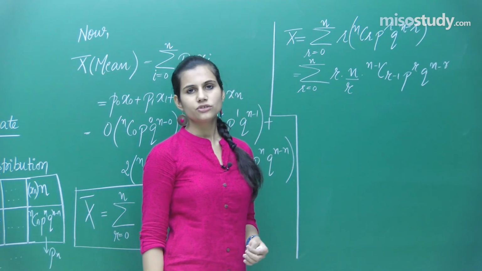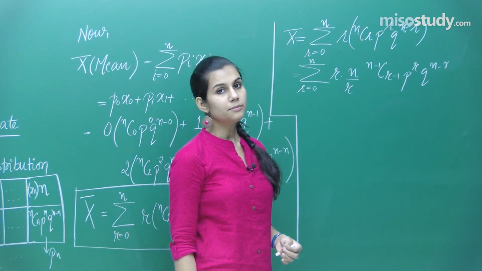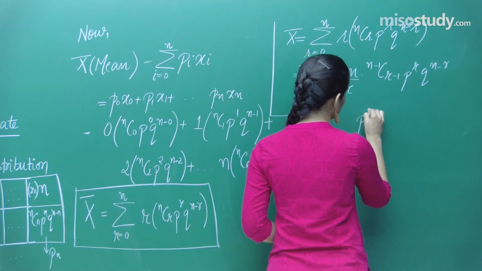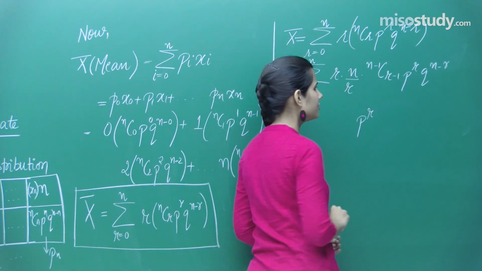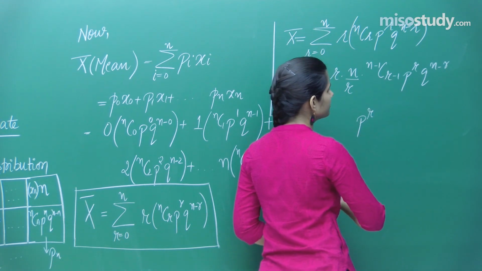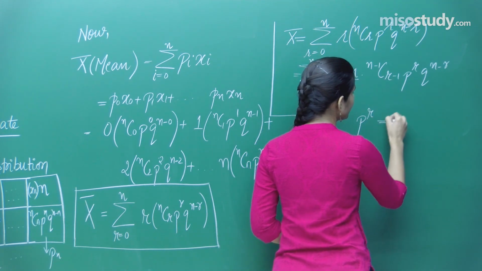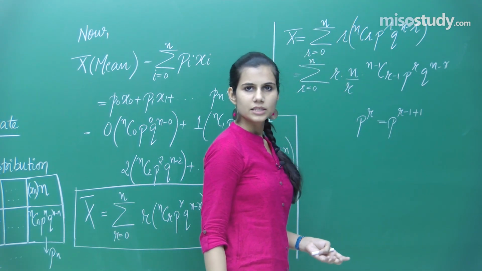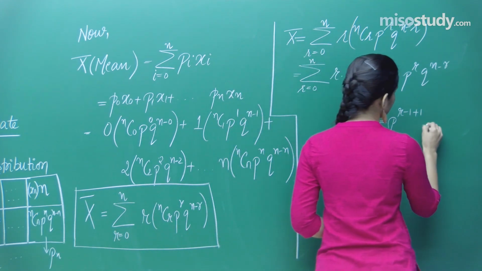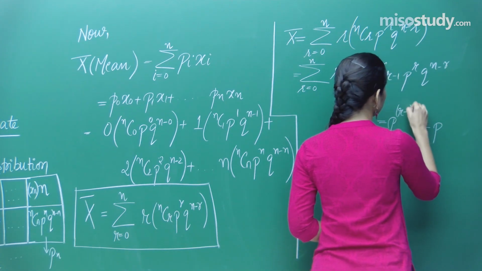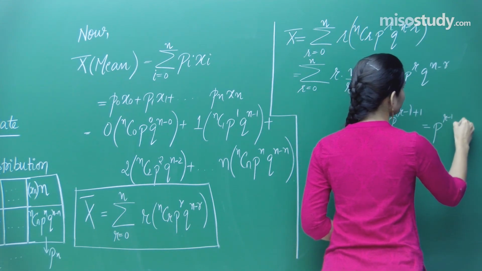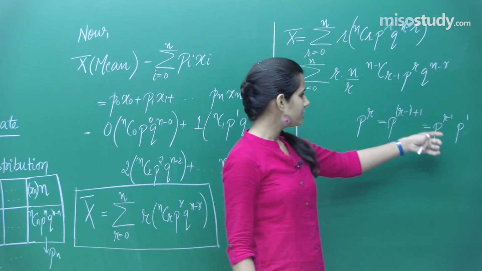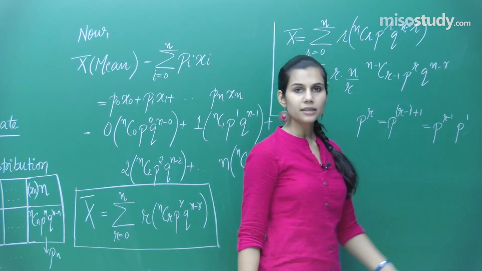Now let's do some modifications so that the process is simplified for us. P to the power r I have. I want r minus 1. Can I write it as p to the power r minus 1 plus 1? Same thing. If I club these together, I get p to the power r minus 1 into p to the power 1. x to the power m into x to the power n is x to the power m plus n.